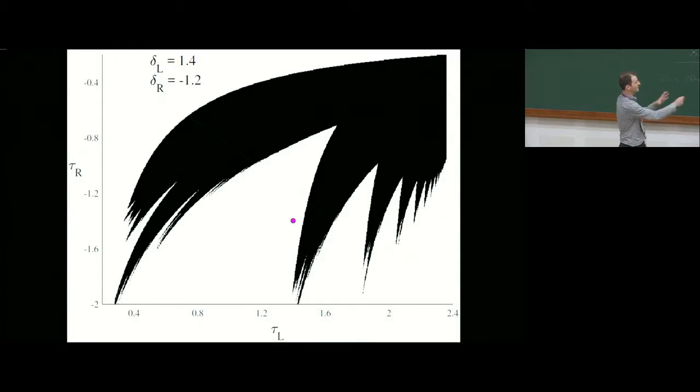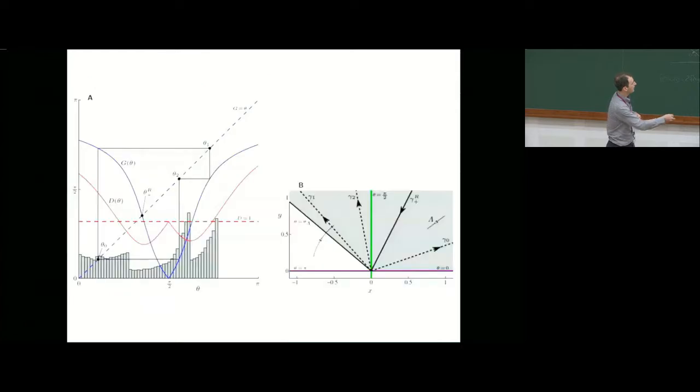I'm outside the stability region, so according to this picture, the origin is unstable with these parameter values. Here's the equivalent sketch of phase space. If I choose an initial point at random, then with probability 1, iterates are going to enter the grey region, and then they'll converge to the origin.